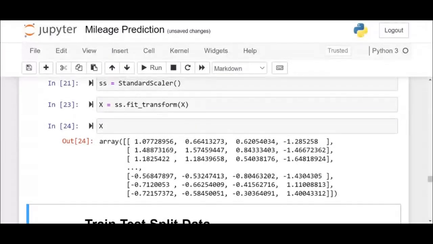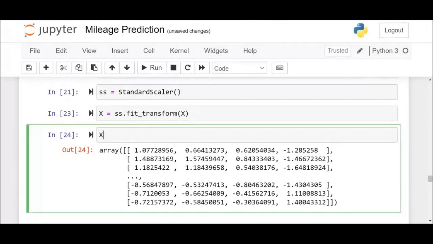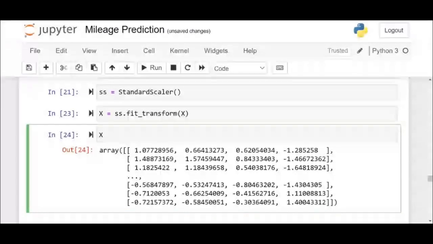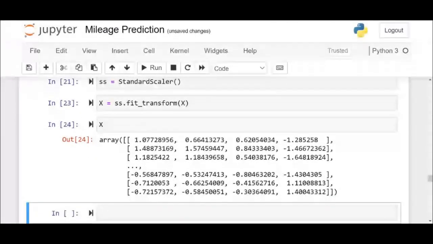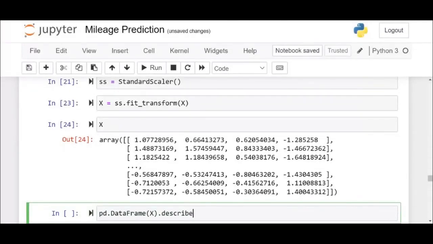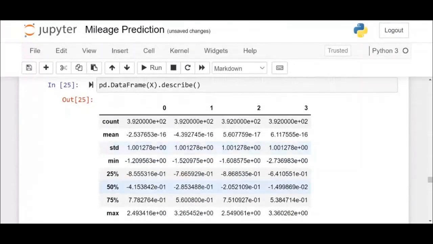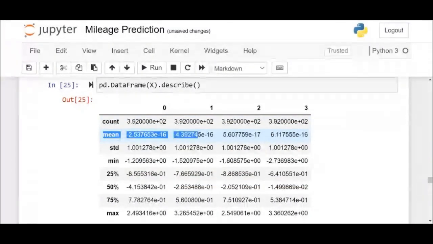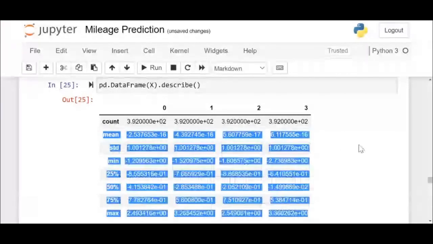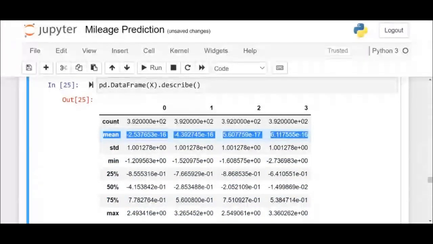After the standardization, the mean of all of my features is 0, on the order of 10 to the power minus 16, minus 17.